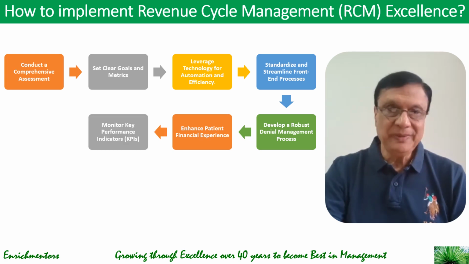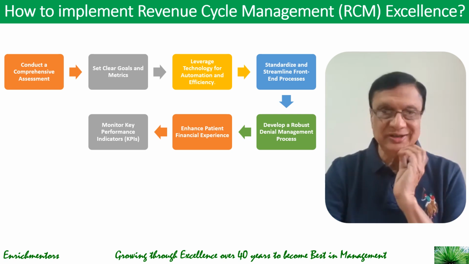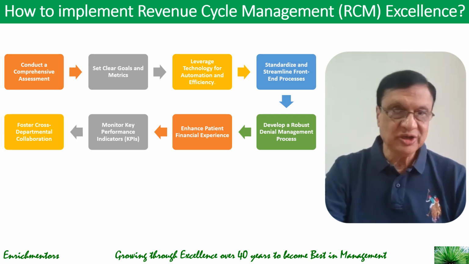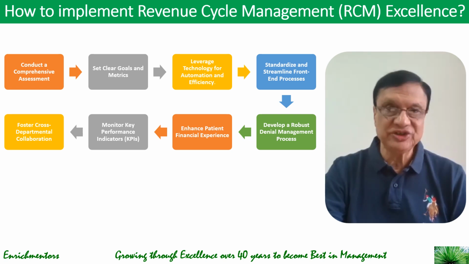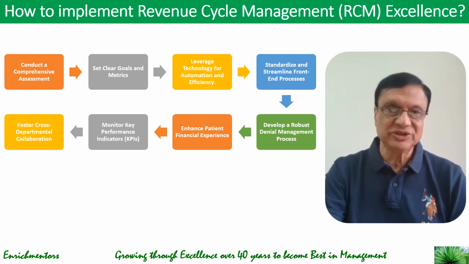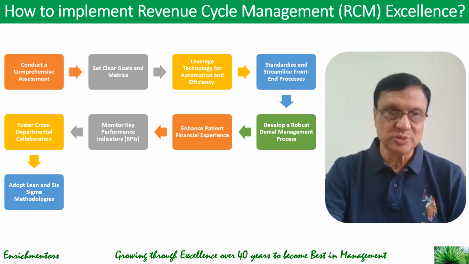Then you need to implement ways to monitor key performance indicators, then foster cross department collaboration as we saw, because cross departmental collaboration is key, as revenue cycle management is split across many departments. You need this collaboration to make sure that you do this RCM in an excellent way.